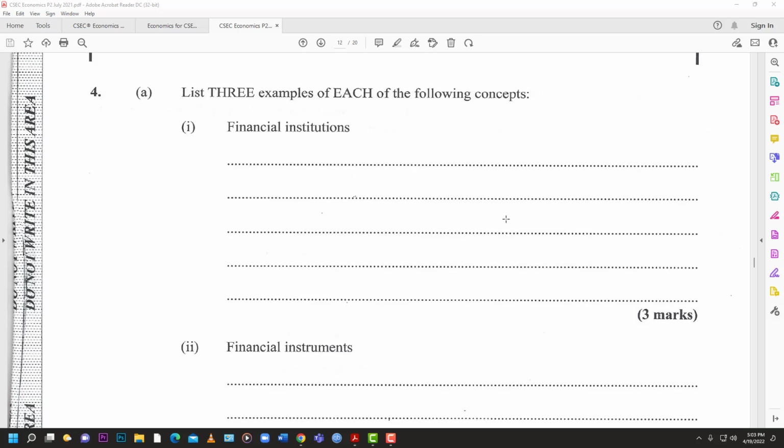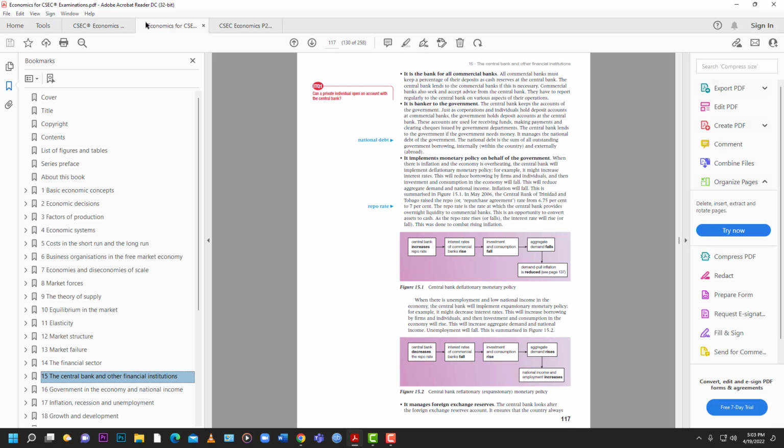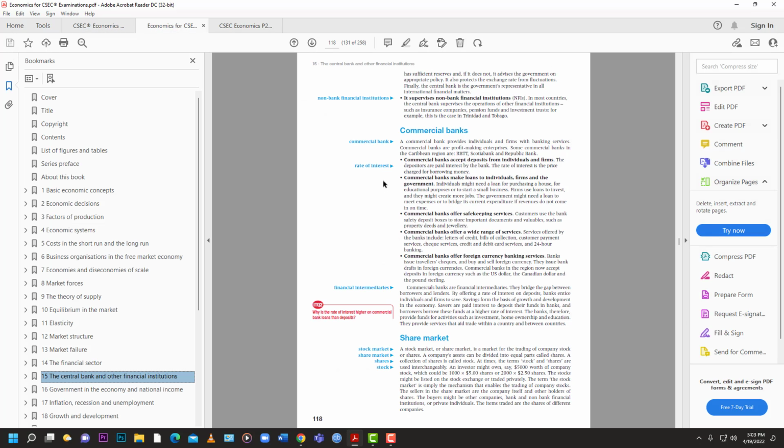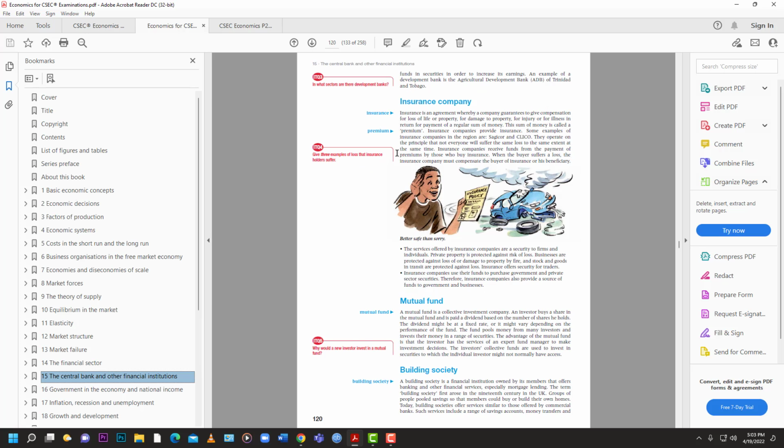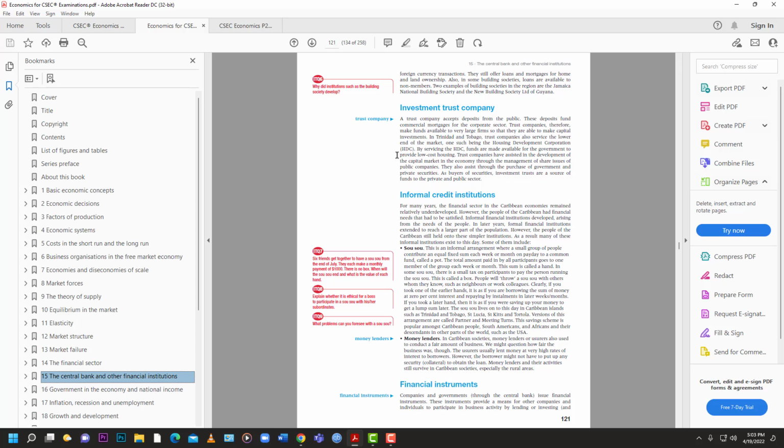And so for financial institutions, if you go to our textbook, we have a whole bunch laid out. You have the commercial bank, the stock market or stock exchange, credit unions, development bank, insurance company, mutual fund, building society, investment trust company.